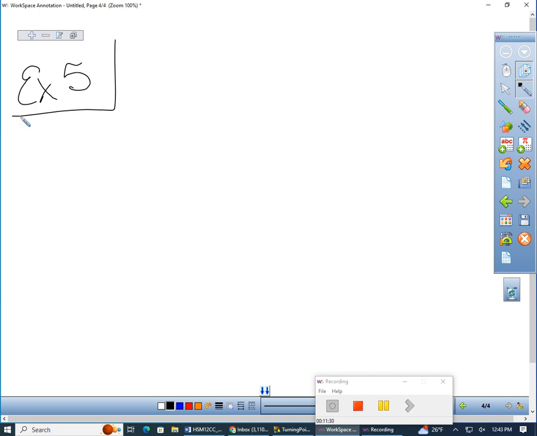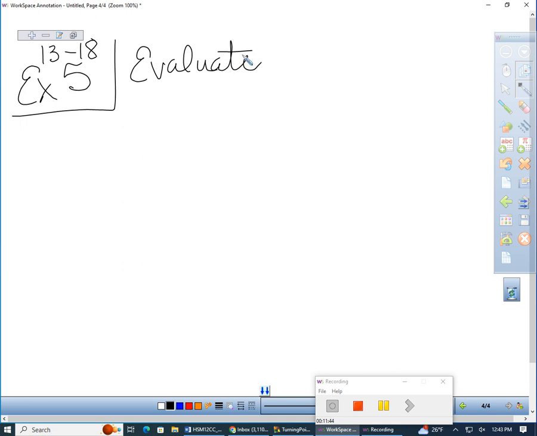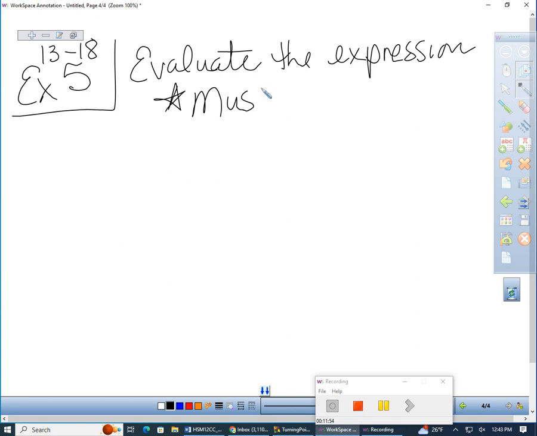Example number 5, we're going to talk about the last 6, 13 through 18. On these, I want you to evaluate. I'm going to tell you, you're evaluating the expression. I'm going to put a little star here: must show work. Those of you listening out there, we must show work.